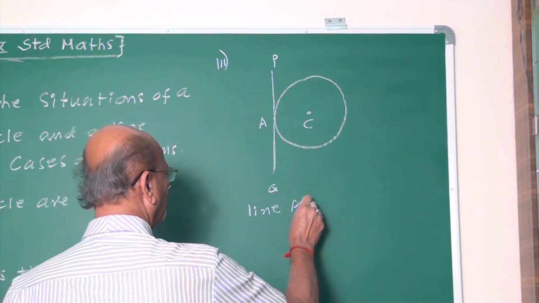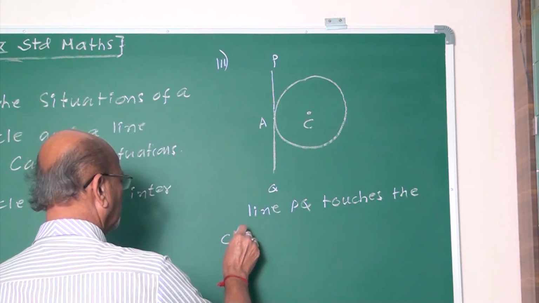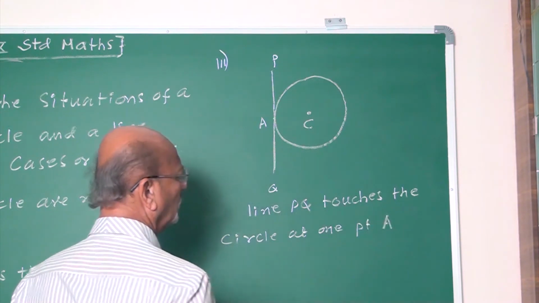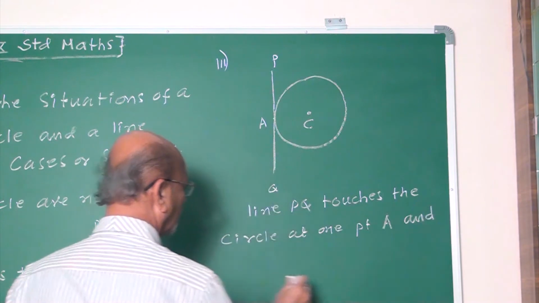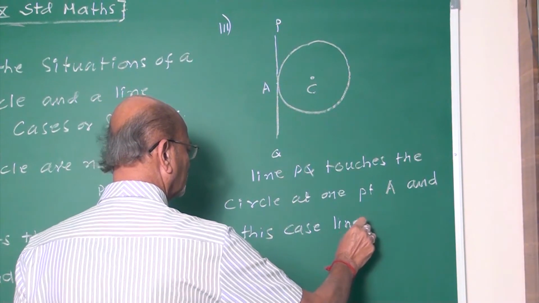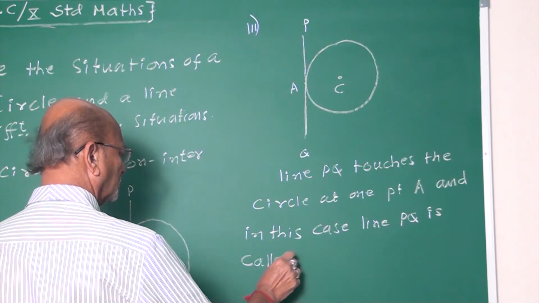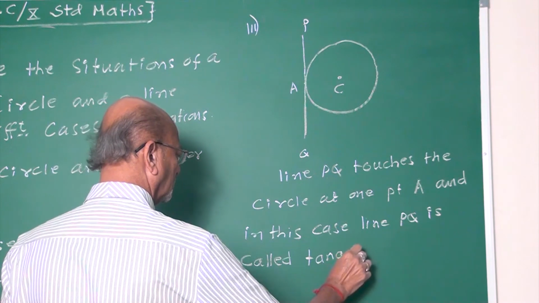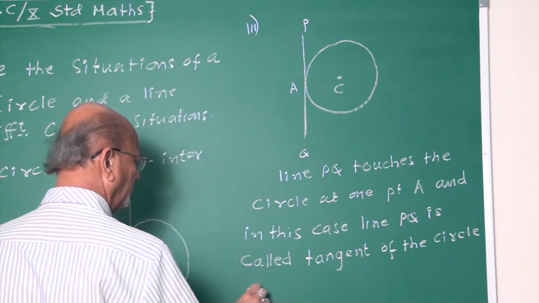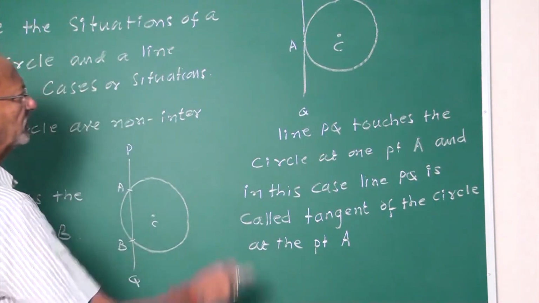Third case: line PQ touches the circle at one point A. In this case, line PQ is called a tangent of the circle at the point A. Yes, my friends, what is the third case?